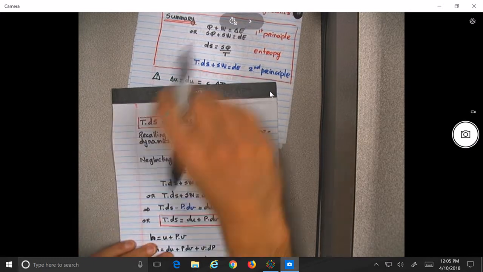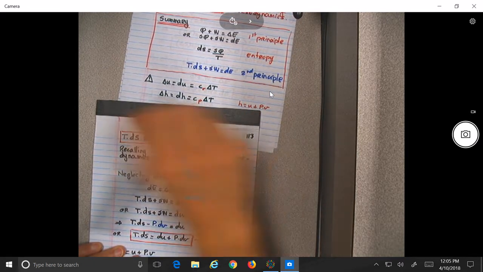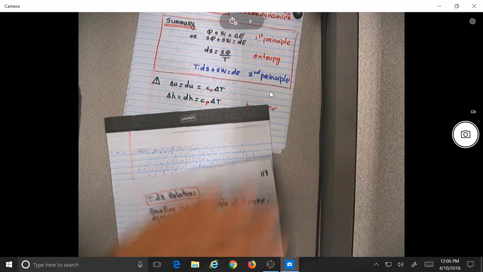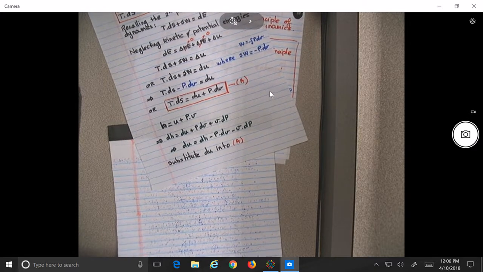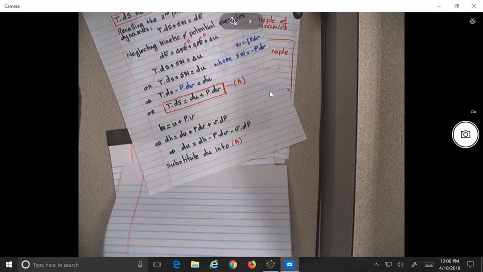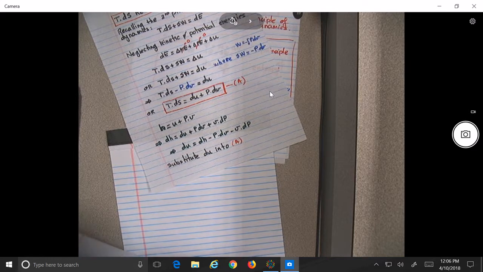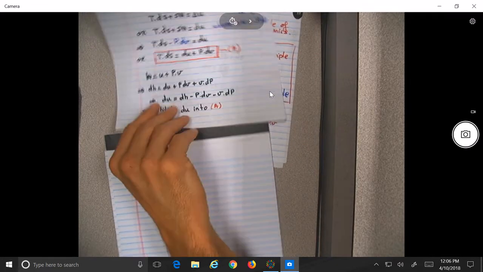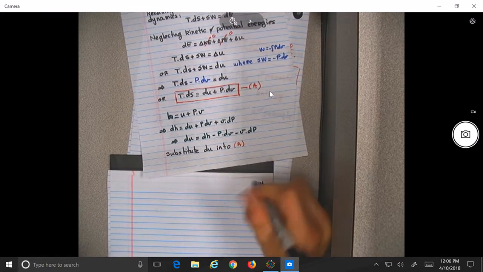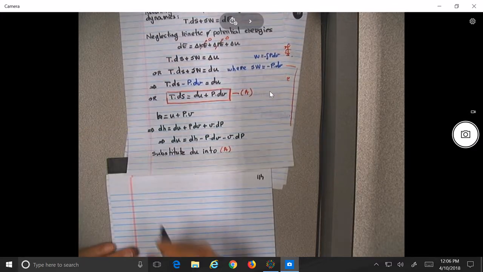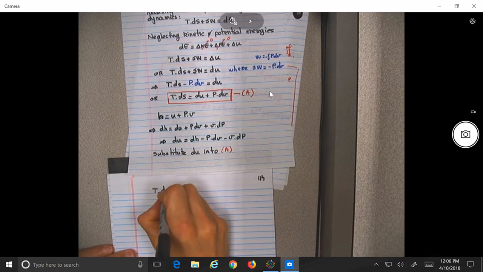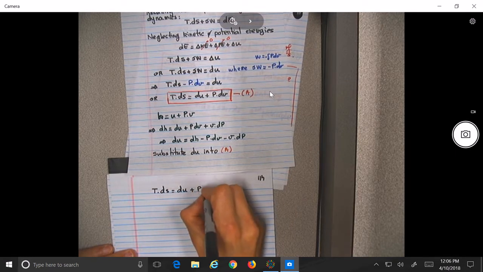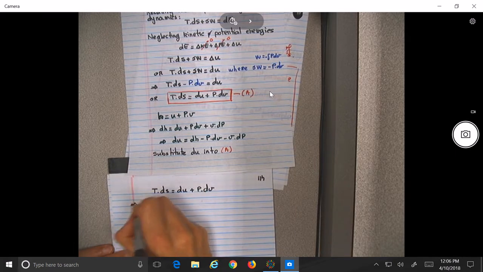So this will be page 114. So let me just rewrite it. Take TdS equals to dU plus PdV. So we have what?